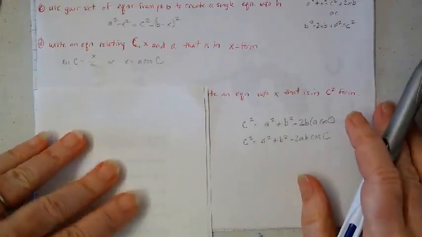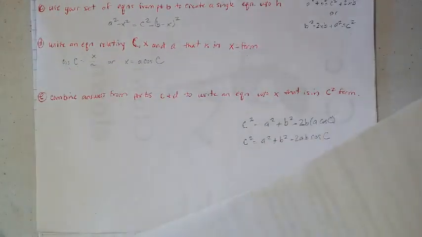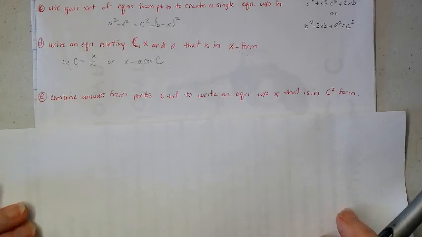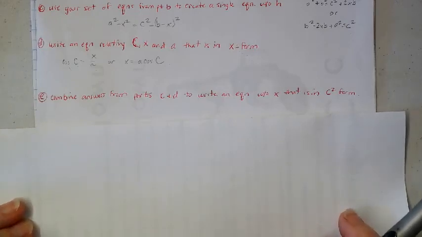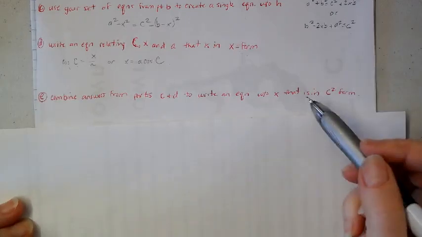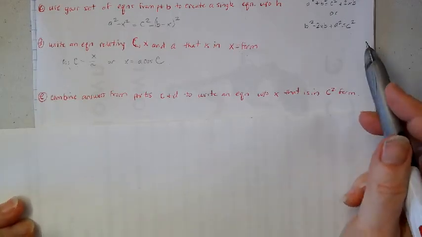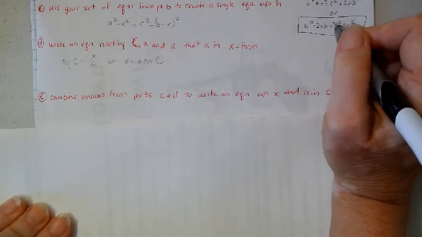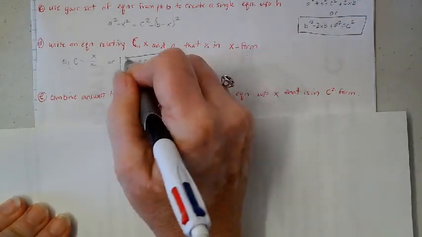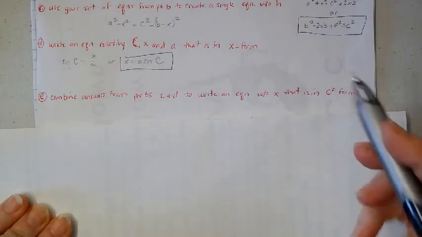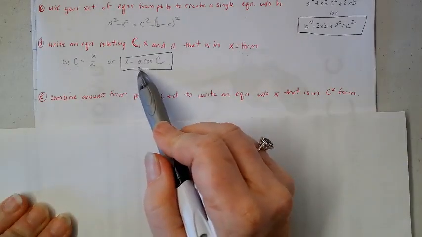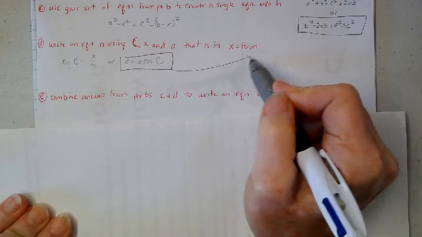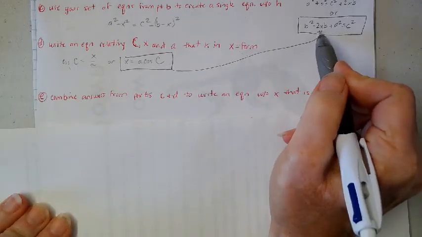And then it says combine answers from part C and D to write an equation without X that is in c squared form. So we had this one for letter C and we had this one for letter D. And so all I did is I see this X, I just put it in right there.